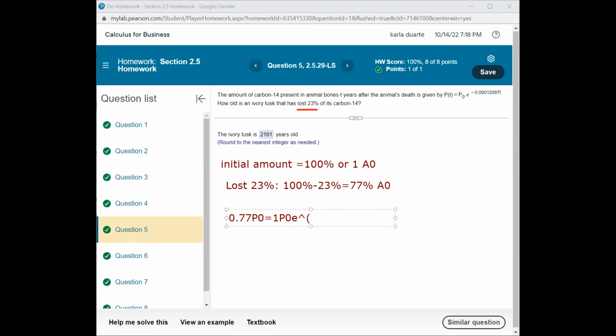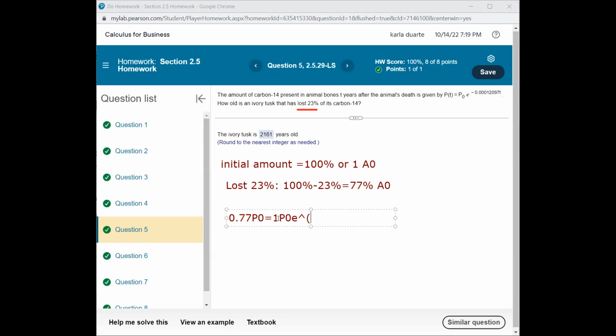So there's your formula, right? And then from there, notice that your P sub 0 is canceled because I have them on both sides. So when I divide here by P sub 0, this goes away. And then I have something that you're very familiar with.